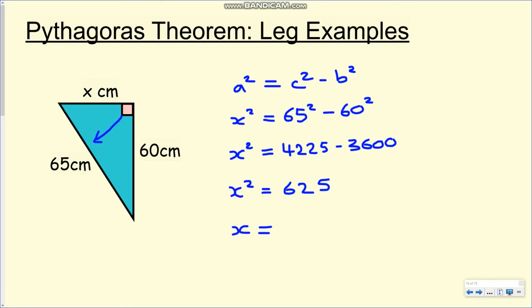To undo the squared, what we need to do is square root 625, which will give me a final answer of x is equal to 25 centimeters.